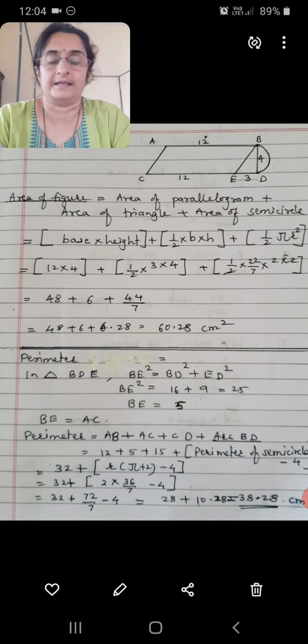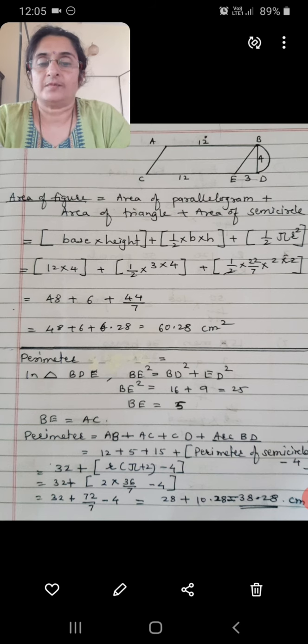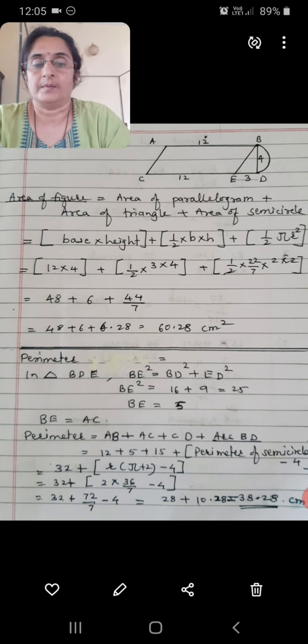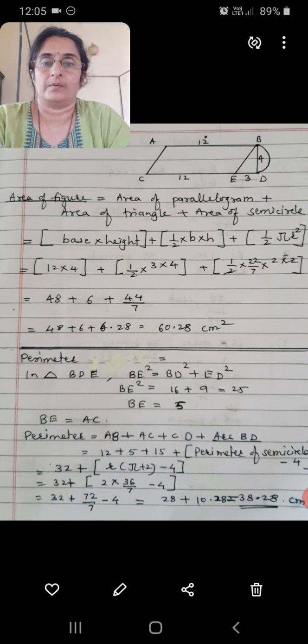So 32 is all the 3 straight lines. Then perimeter of the semicircle will be 72 upon 7. From that subtract 4, that is the length. So we'll get 28 plus 10.28. So when you add all these three, all the sides of that figure, that will be 38.28. That will be the perimeter of that given figure.